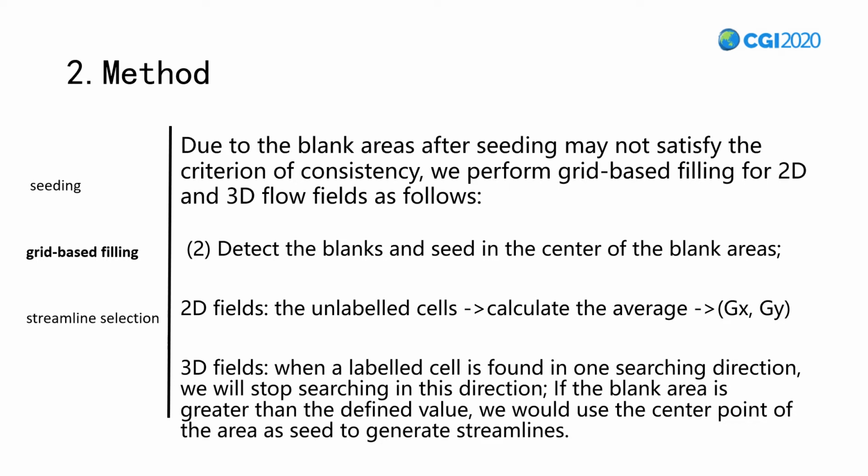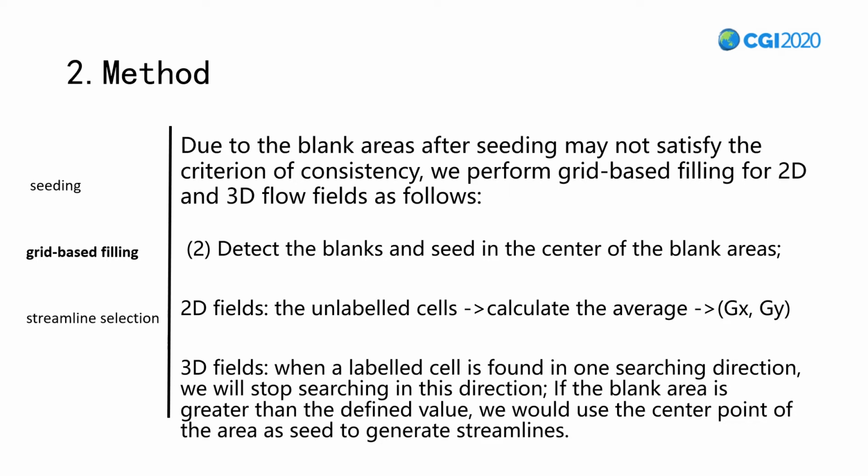Next, we find two line segments in the blank fields, and then compare the lengths of line segments. Finally, we select the midpoint of the longer segment as the new seed point.